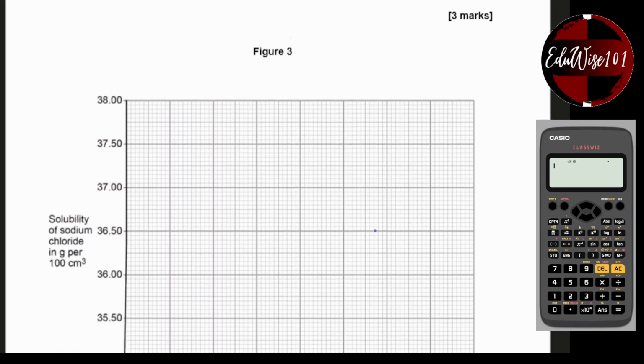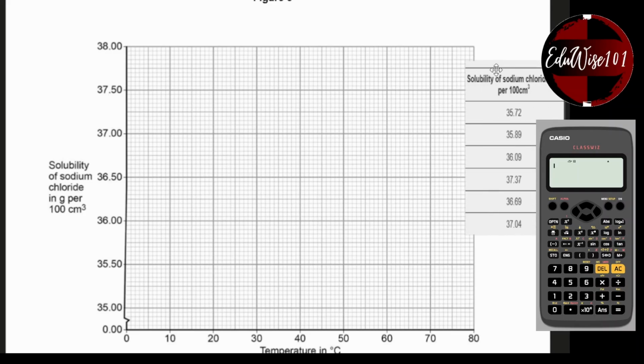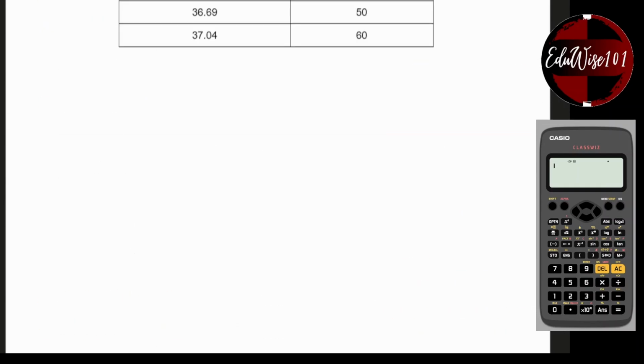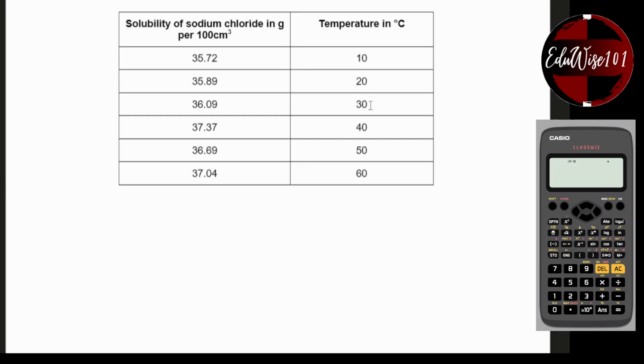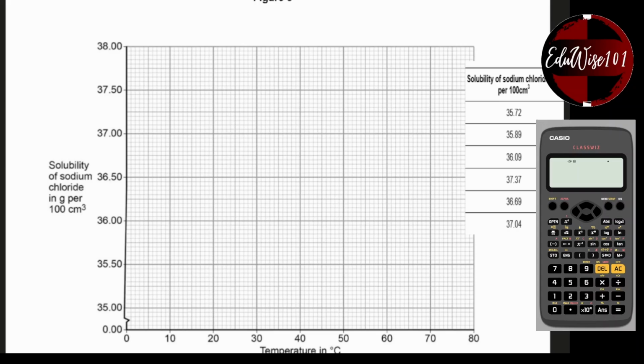Okay, so I'll need to refer to the table which I have copied over here. So let me move that table so you can actually see that. Because the temperature is going up in tens, starting at 10 and going up to 60, you don't need that value. On the grid, the scale is going from 35 to 35.5, 36.